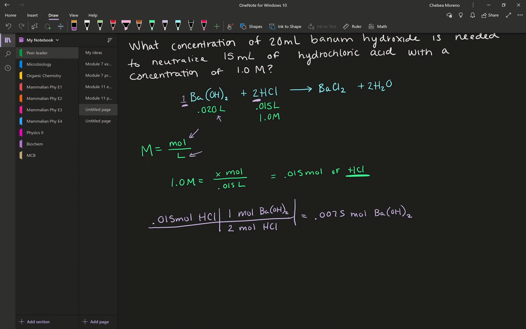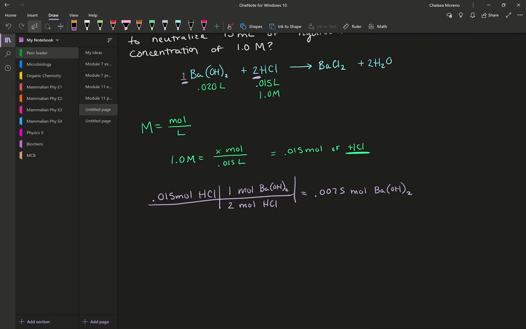I have 0.0075 moles per every 0.020 liters, which means that my final concentration for barium hydroxide is 0.375 molar barium hydroxide. So this would be my final answer.